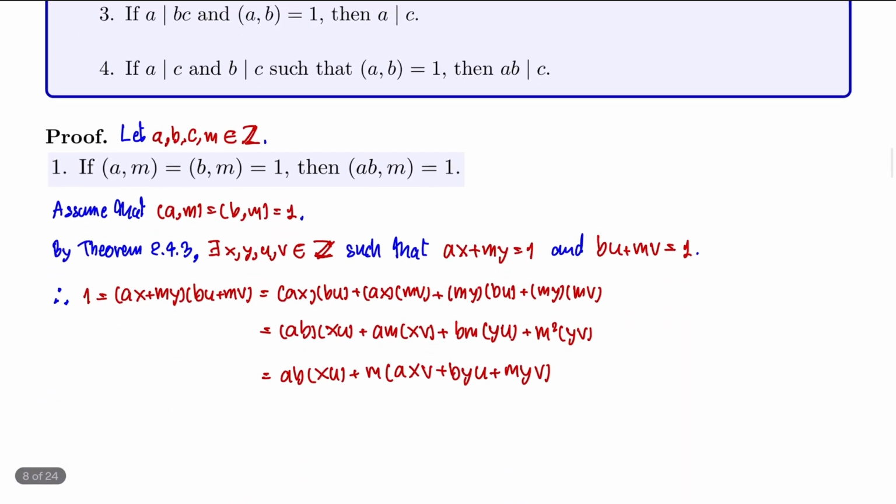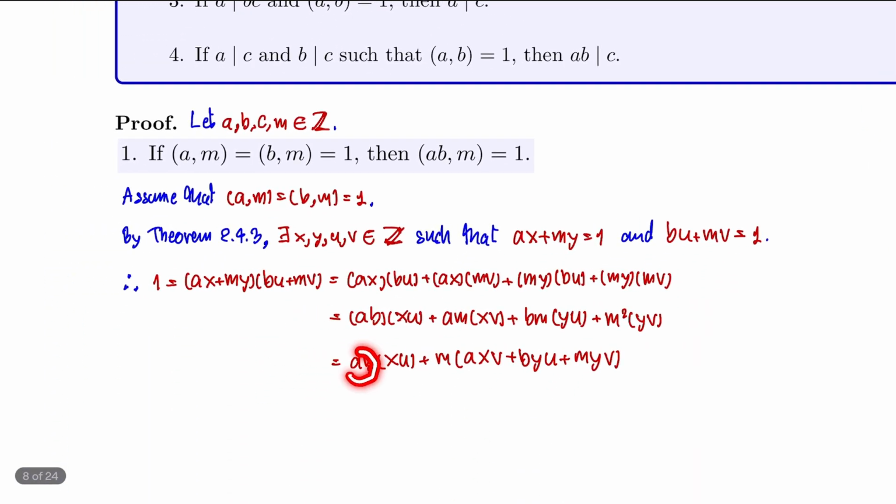Right now, we have ab times xu plus m times these integers equals 1. As you can see, these are integers, right? xu is an integer, and these numbers are also integers.